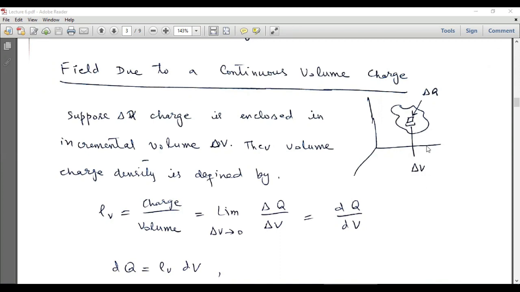How can we calculate the total charge due to a volume charge distribution?